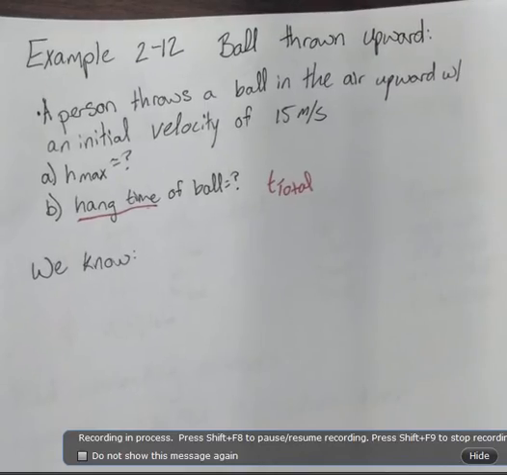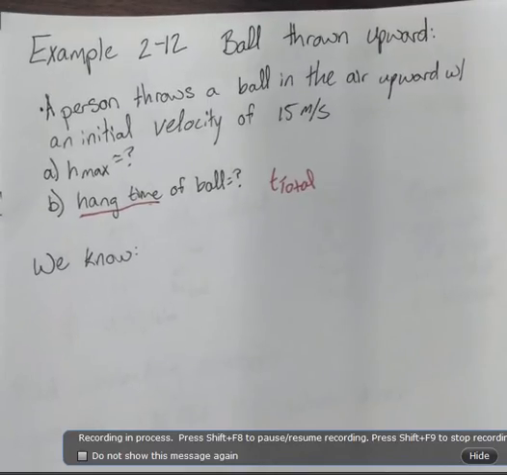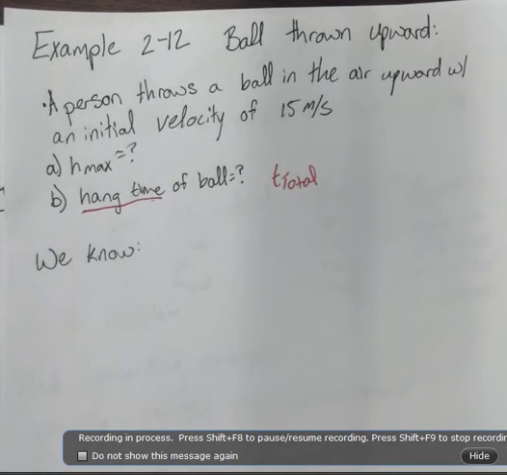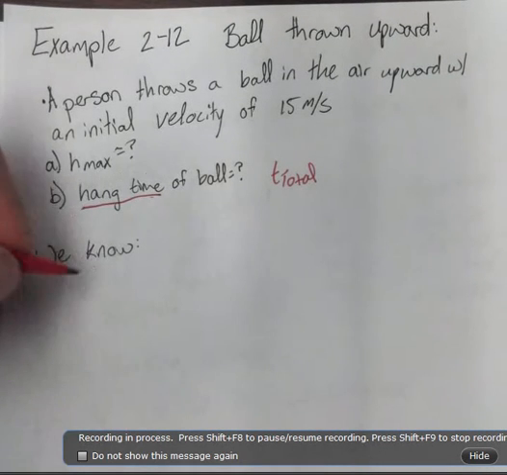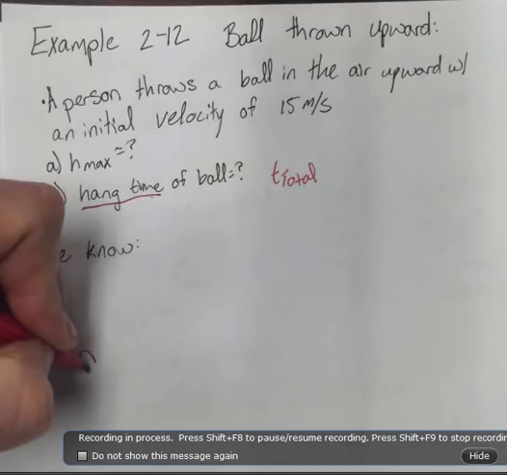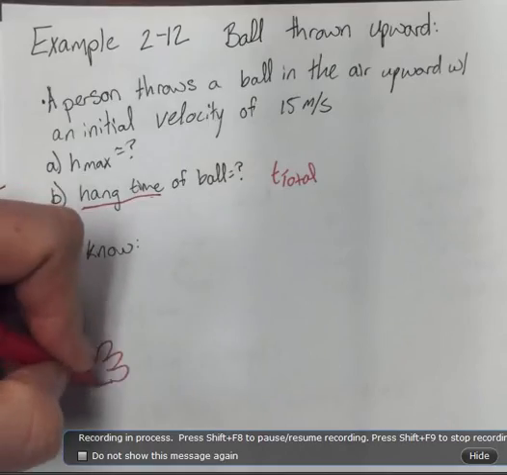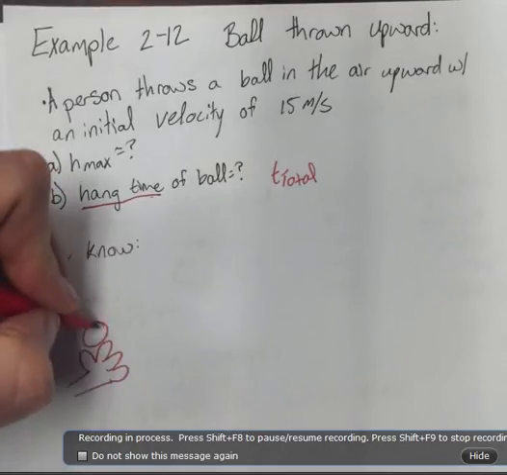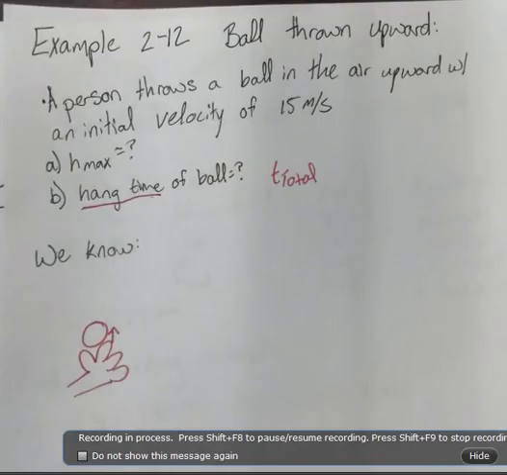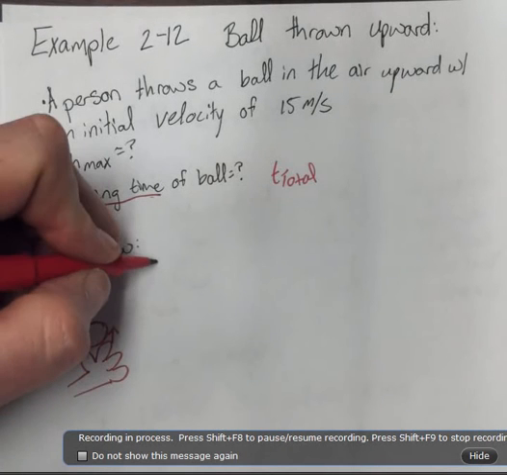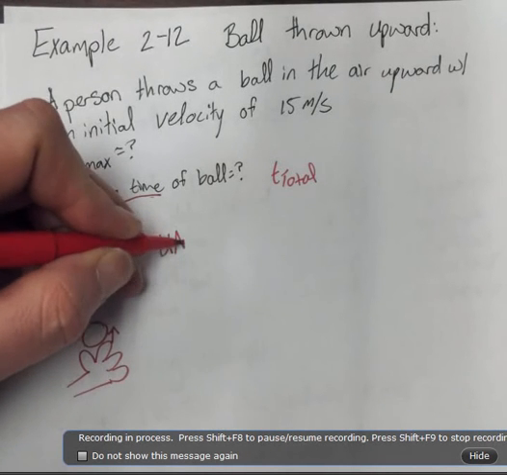So let's consider things that we know. Some of the things that we know is that we're focusing on when the ball leaves the hand. And let's talk about why it matters that we're only interested in the point where the ball leaves the hand. The reason is because we want to focus on a situation where we have uniform accelerated motion.